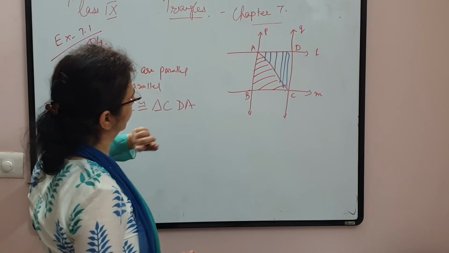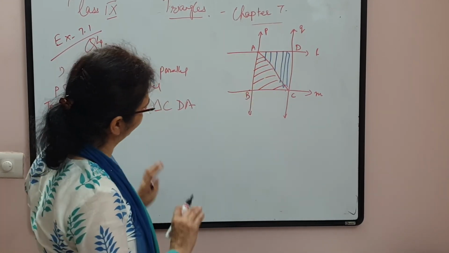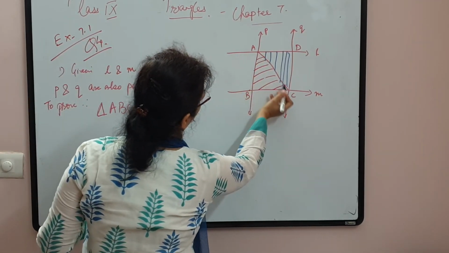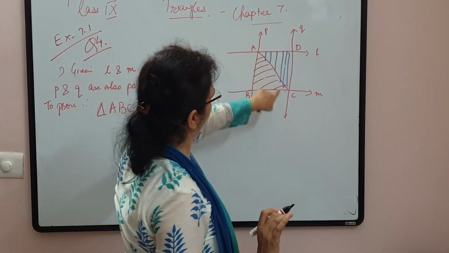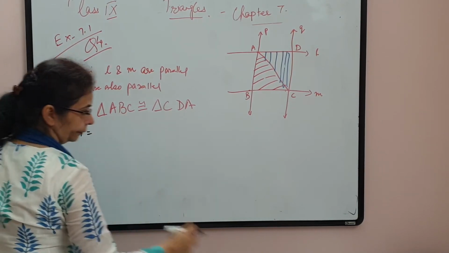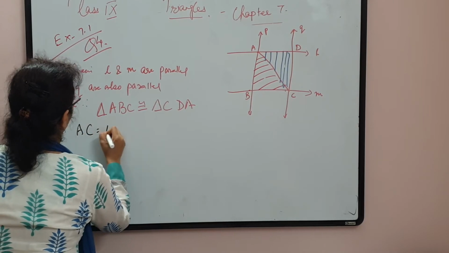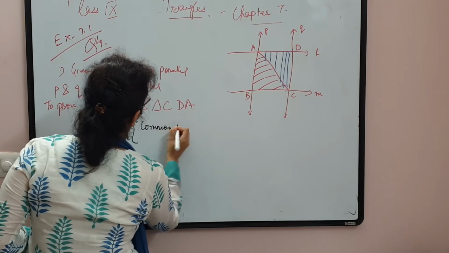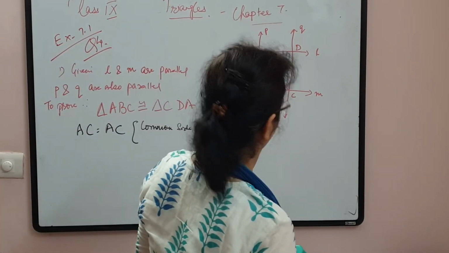One thing that you can easily see is, when you consider these two triangles, that side AC is common to both the triangles. So AC is equal to AC. Why? Common side. Fine. No problem with this.